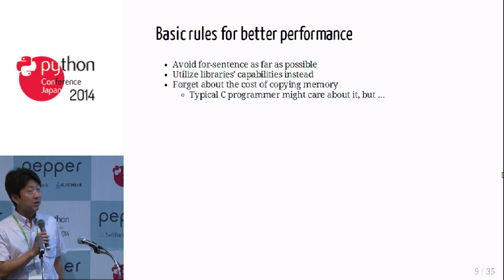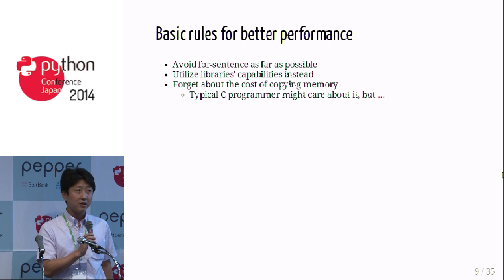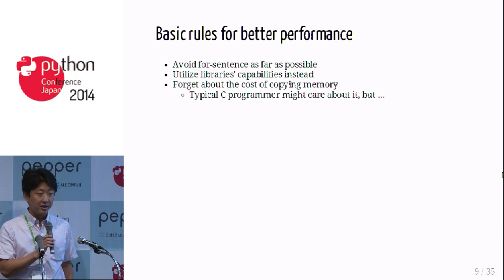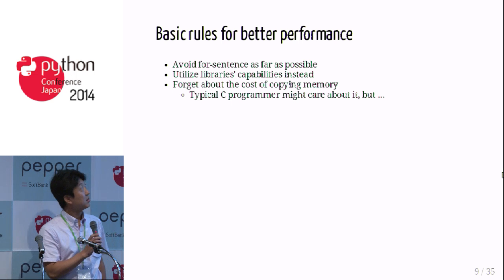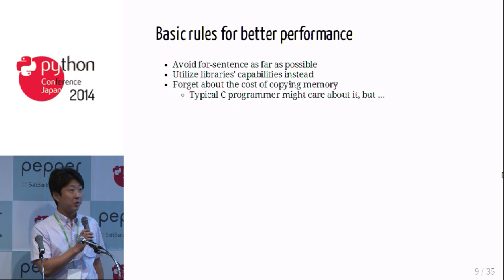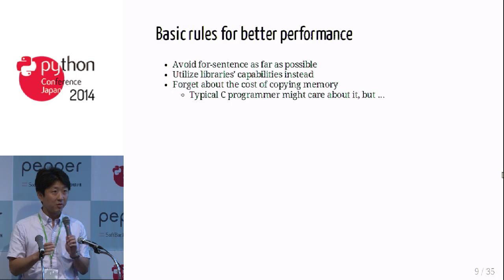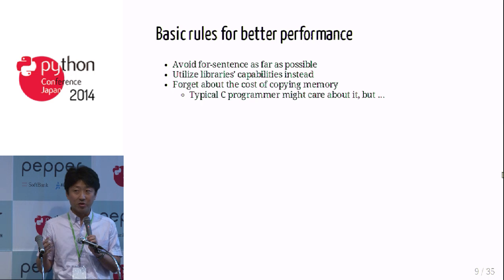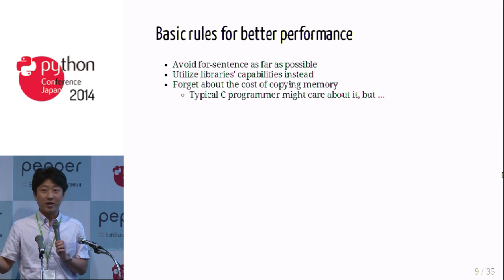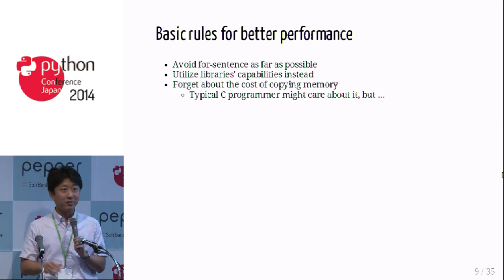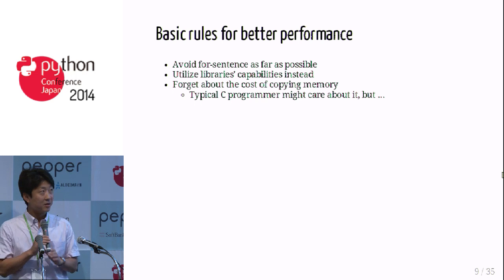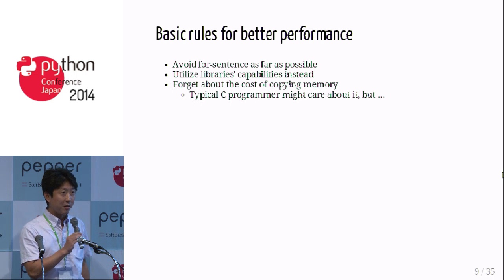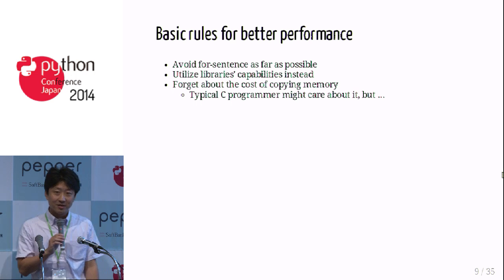But if you need to copy the memory to utilize the library, you should do that. In that simple example, using arange occupies much more memory than using a for-loop, because it generates the array. But it is better in the world of Python. A C programmer might hate that, but in Python, that is good practice.